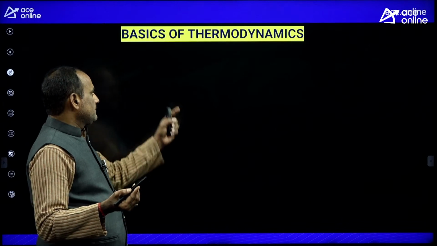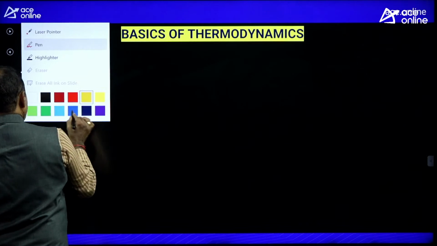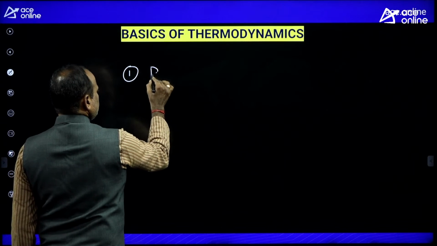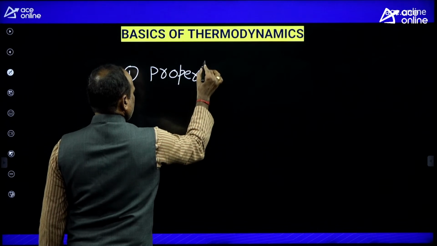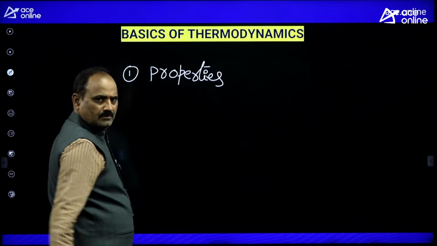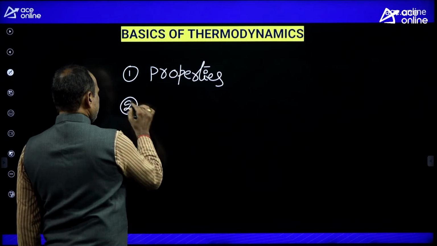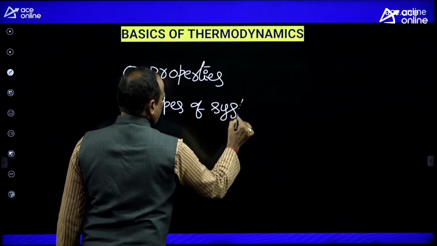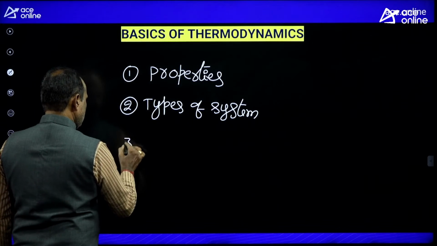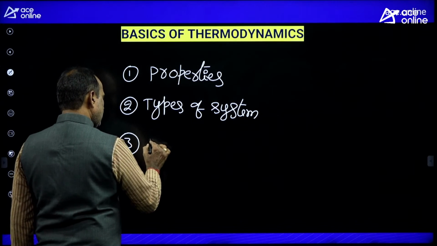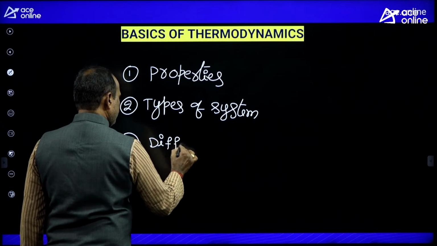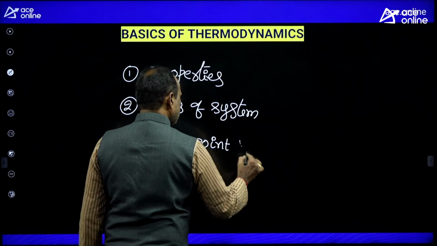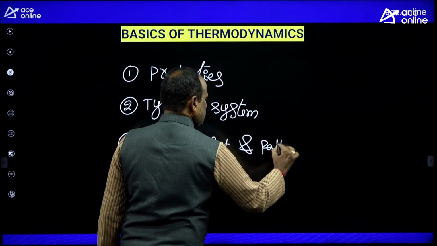From basic concepts or basics of thermodynamics, there are different important topics like properties, types of systems, differences between point function quantities and path function quantities.